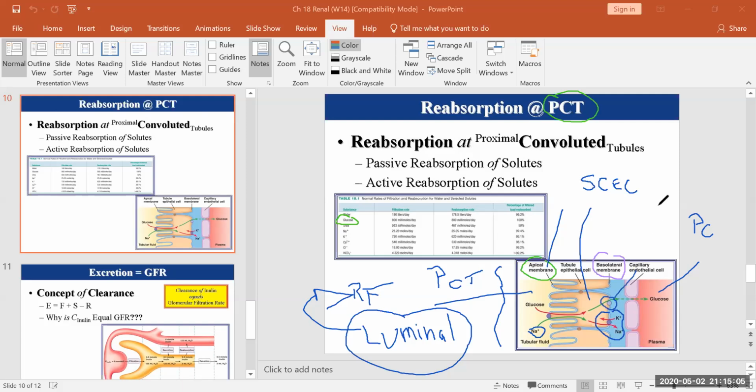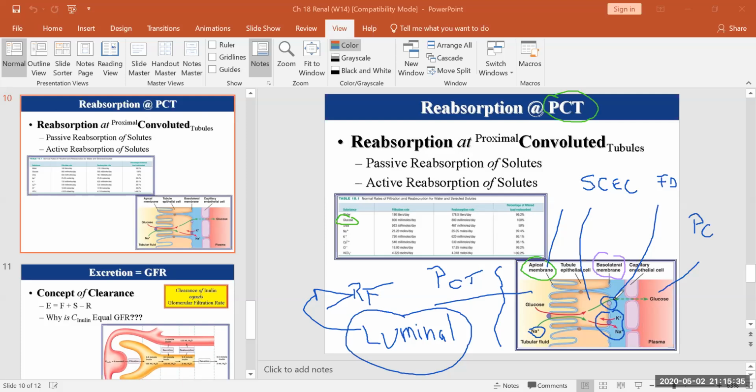This is an example of facilitated diffusion, a passive transport mechanism. There are glucose transporters transporting glucose from the cytoplasm of the simple cuboidal epithelial cells out into the peritubular capillary.